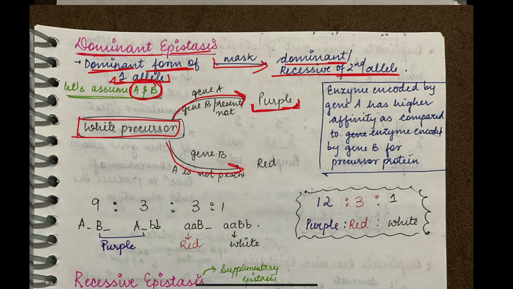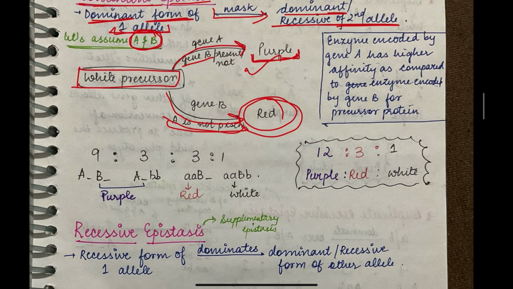But if gene B acts on it, it forms the red progeny. So, gene B may be present or not, A may be present or not, right? So, it forms these two different progenies. And where both the genes are in recessive form, it will form the white precursor only.